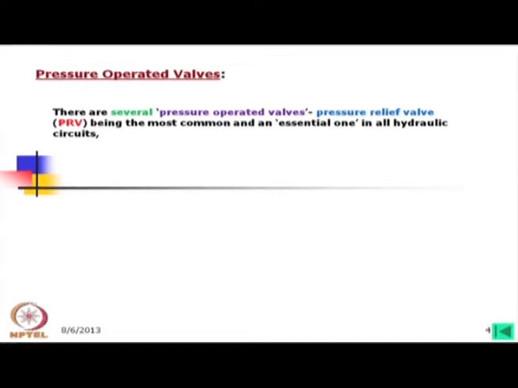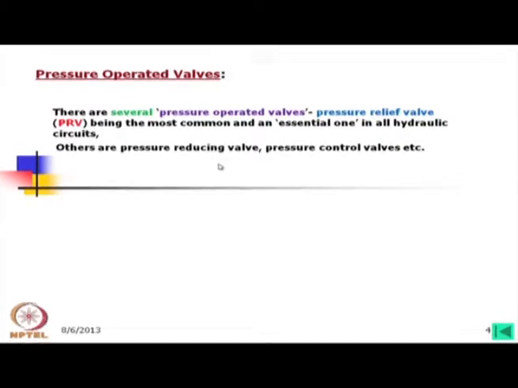There are several pressure operated valves. Pressure relief valve, most commonly called PRV, is the most common and an essential one in all hydraulic circuits. Others are pressure reducing valve, pressure control valves, etc.